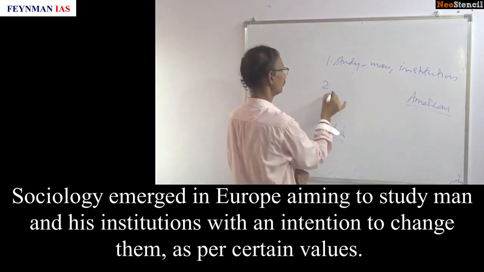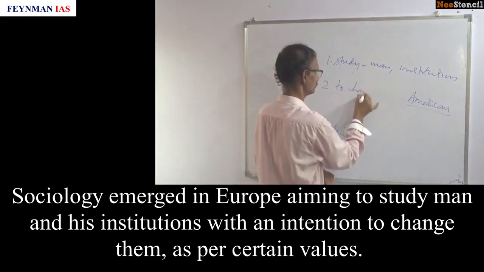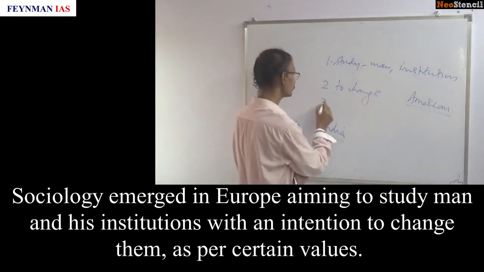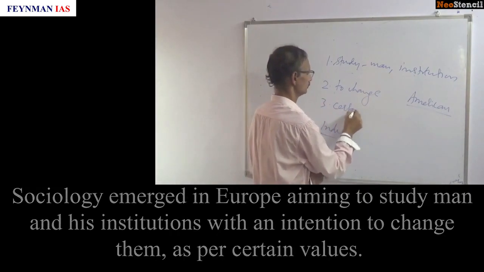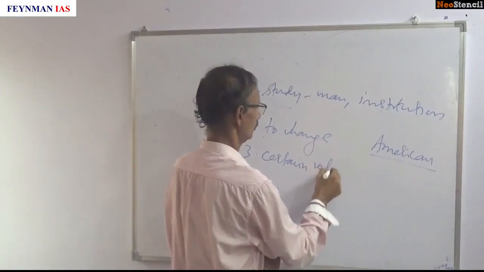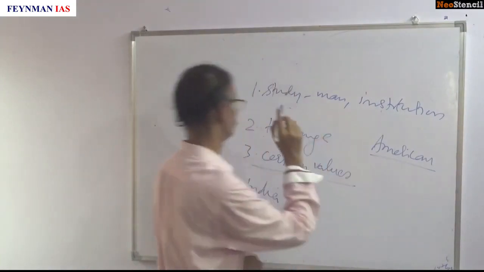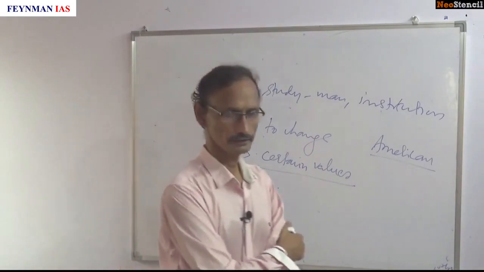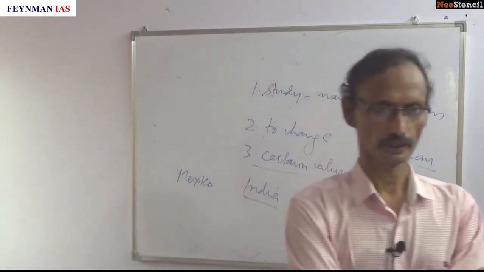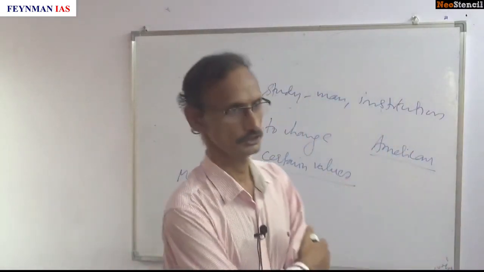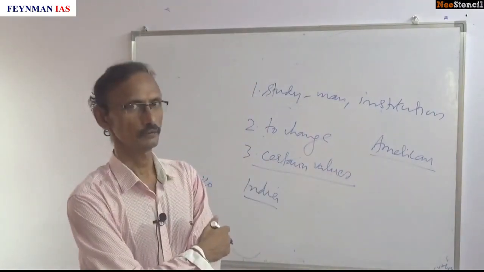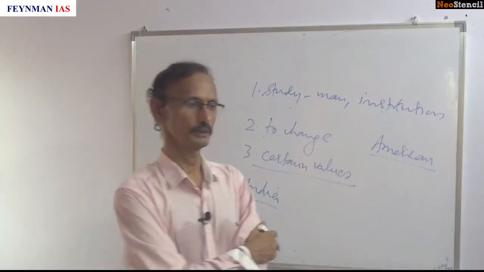But why study? To change. But to change in which direction? Certain values. To study man and his institutions with an intention to change according to certain values. That's how sociology as a discipline began.